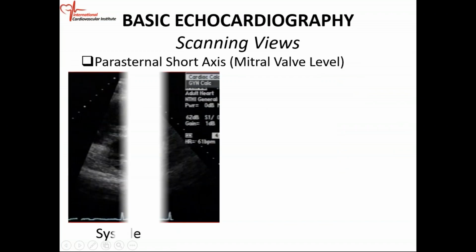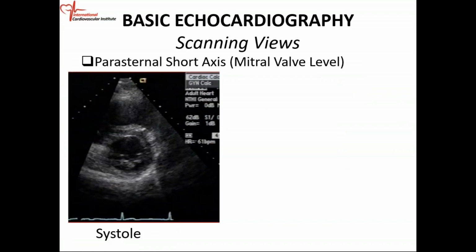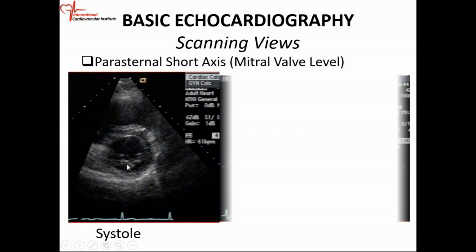Okay. So from the short axis view, remember the angle of your transducer is downwards. So you're going to gradually move it upwards. And again, these are fine finesse movements. You gradually move it upward and you'll get the mitral valve coming into view. This is the anterior leaflet, posterior leaflet.